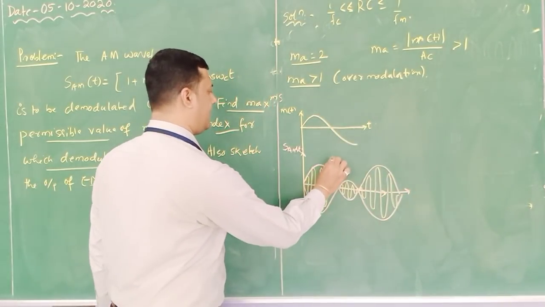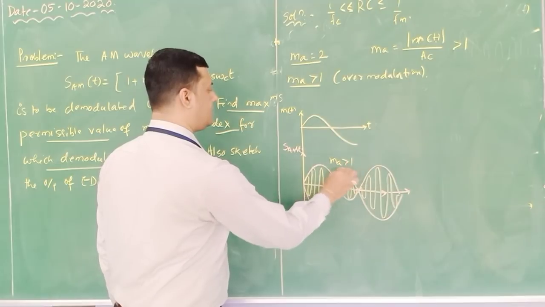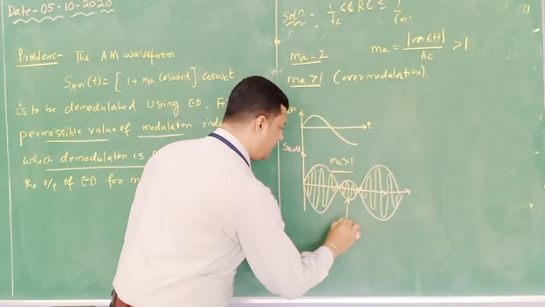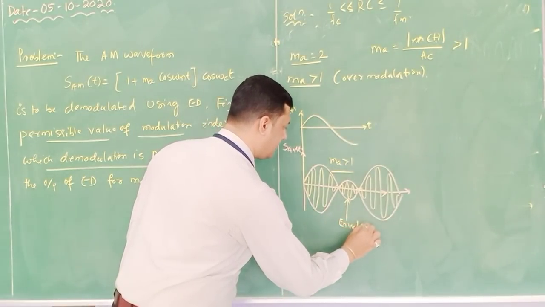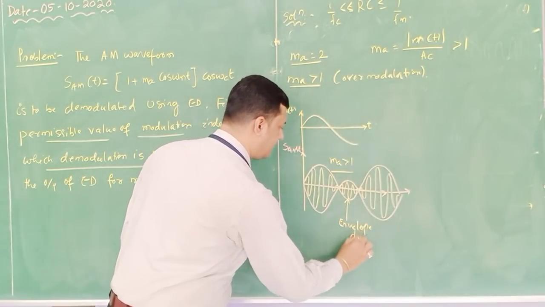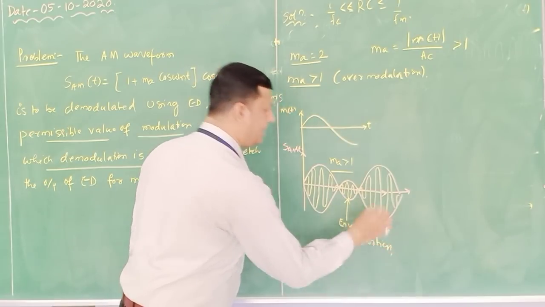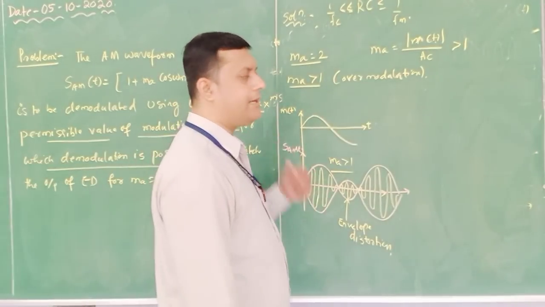This is called the over modulation case, and this is called envelope distortion, which indirectly contributes noise to my information. I will lose my information.